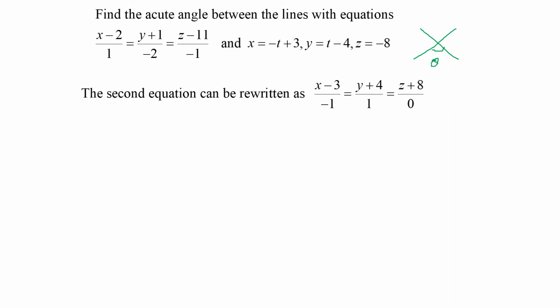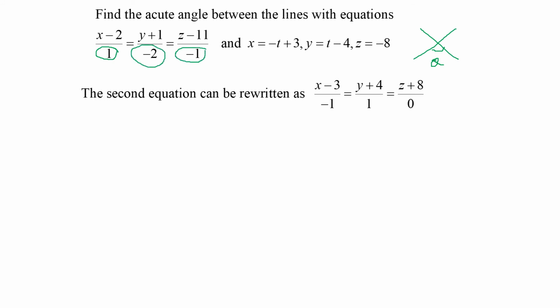That's what we are looking for in this question. In this case, your first step would be writing the equations of the lines in the symmetric or standard form, so that you are able to identify the vector.